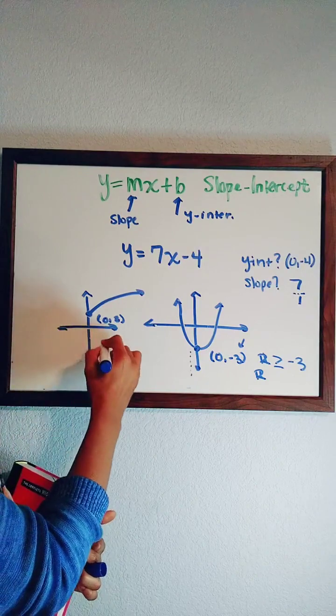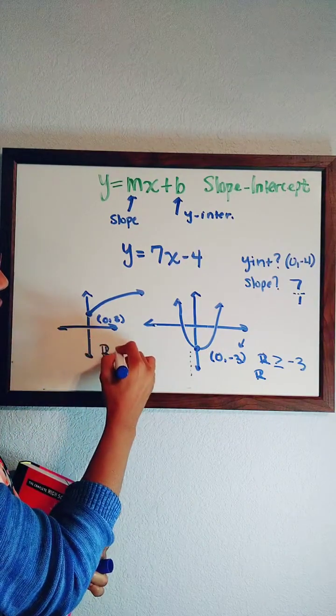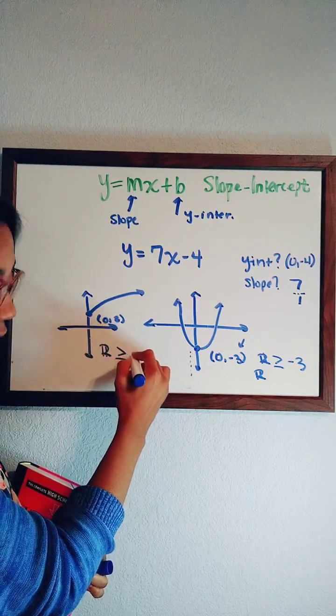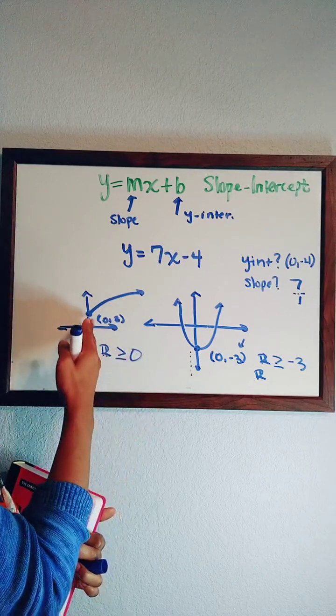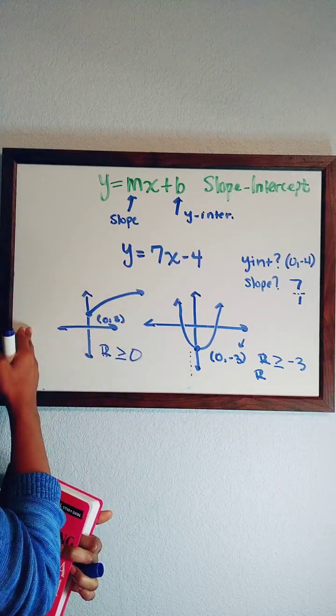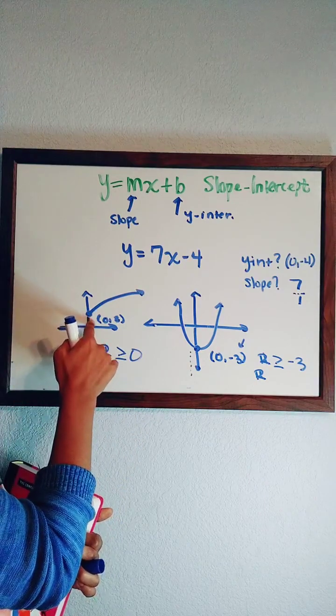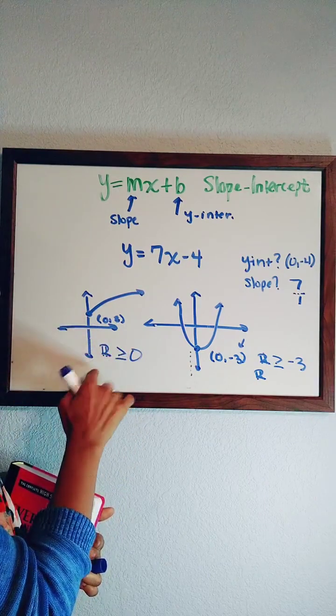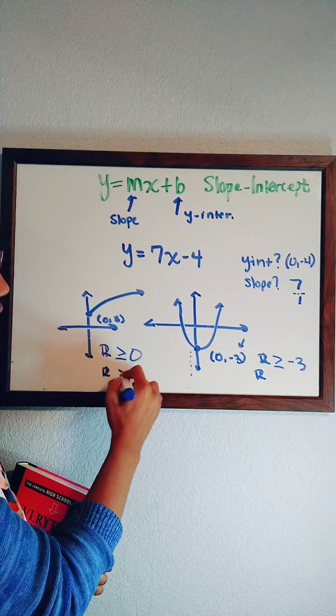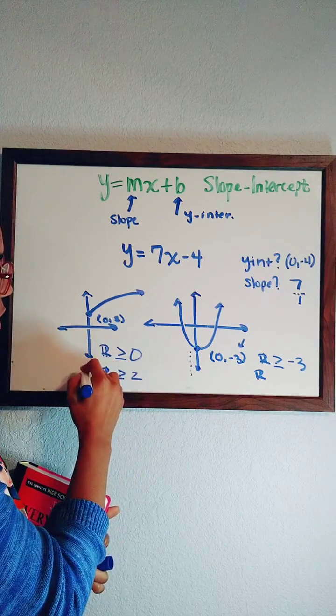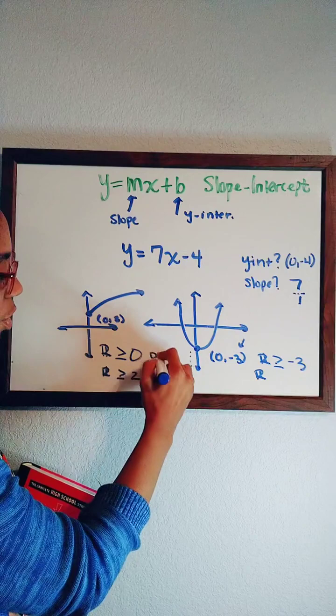It doesn't go over there. So that means the domain will be all real numbers greater than or equal to 0, because nothing negative is going to be accounted for in this graph. Now for your range, it doesn't go below 2, so all real numbers greater than or equal to 2. So this is your range and this is your domain.